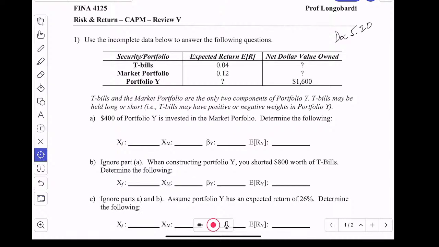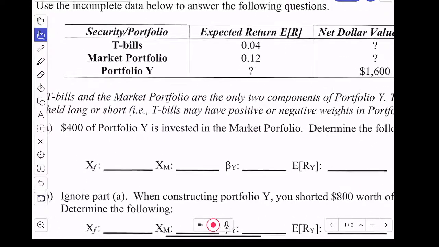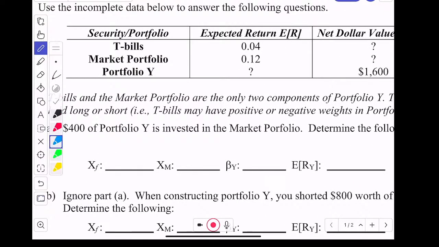First of all, $400 divided by 1,600 will give me the weight on the market portfolio. So that's going to be 1/4 or 25%.